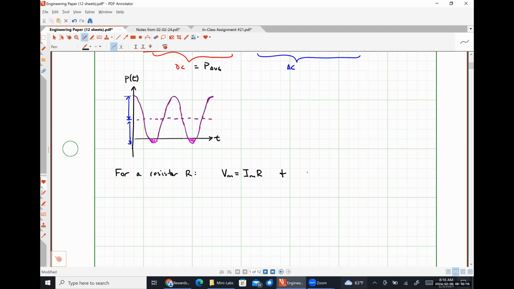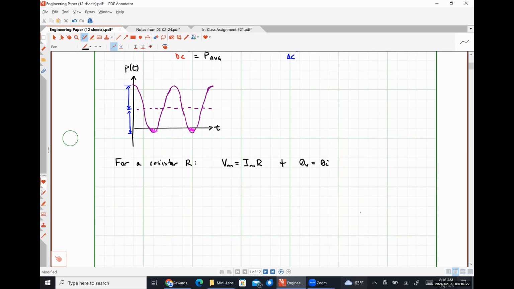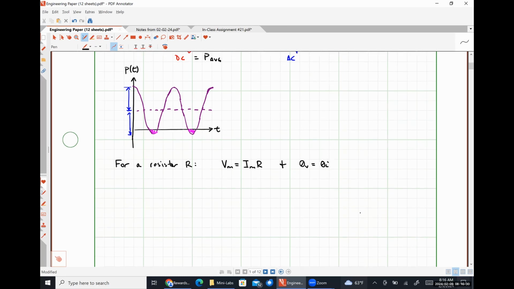And we also know that the phase angle of the voltage and the phase angle of the current are the same thing, right? So I'm going to use these relationships to come up with a way to express the instantaneous power absorbed by a resistor only in terms of the voltage or only in terms of the current, so that we don't have to know so much information in order to figure out what's going on, okay?